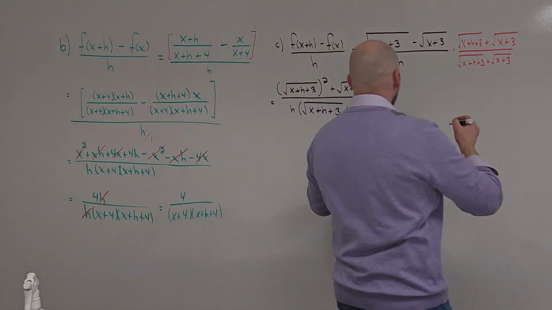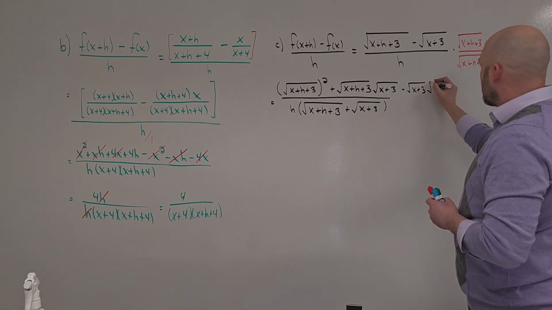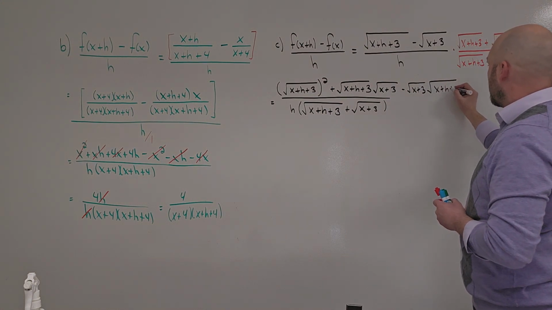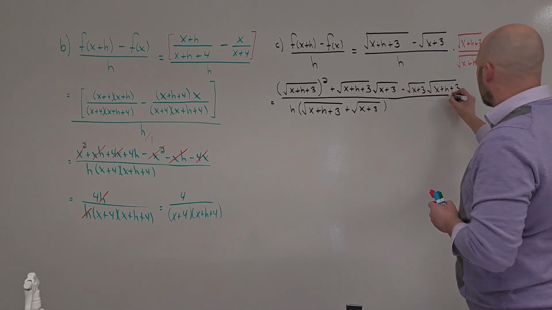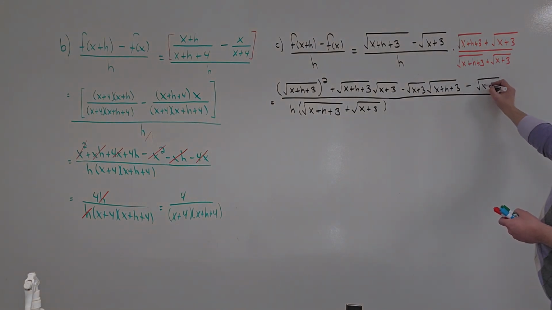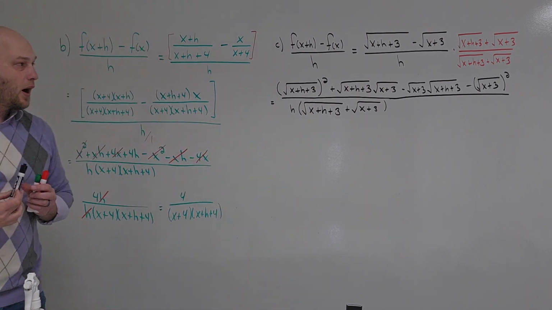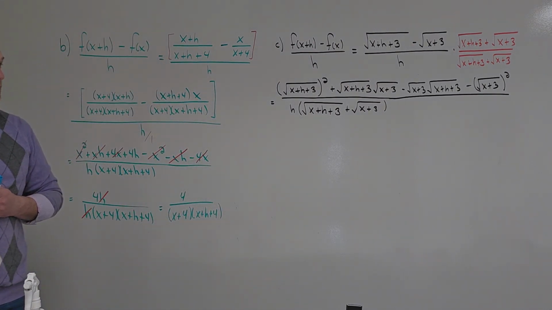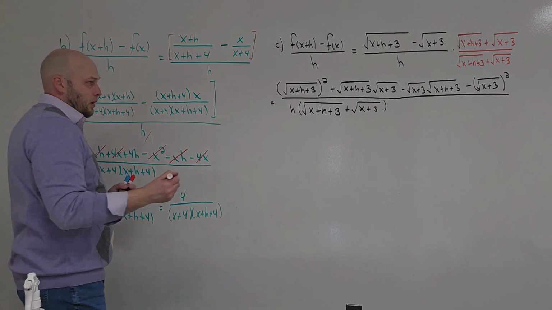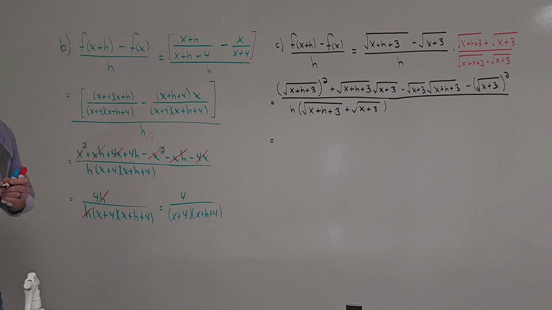The inside terms give me minus the square root of x plus 3 times the square root of x plus h plus 3. And finally, minus the last term, the square root of x plus 3, quantity squared. I warned you that was going to be quite messy, but I also said it was going to absolutely collapse. Stare at that for a moment, pause the video, and see what that's going to reduce to.